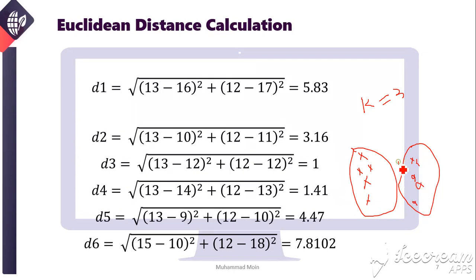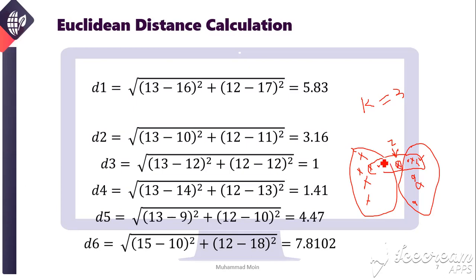I have a new point z, which is here. As k is equal to 3, I need to find the k nearest points. With respect to this new point, I need to find the three nearest points. So this is my first, and these are the second, and these three are my nearest points.